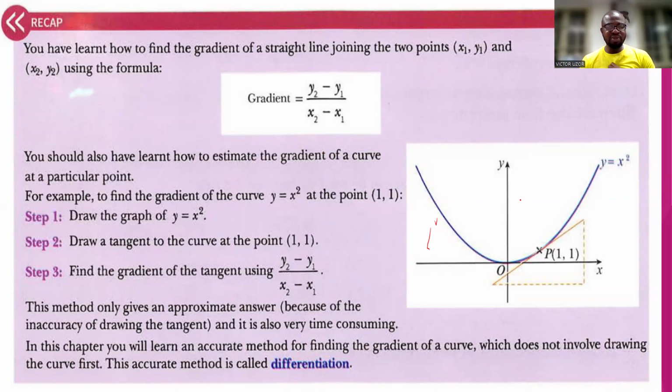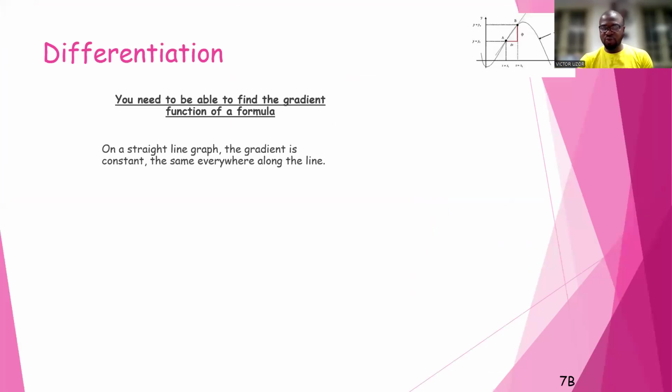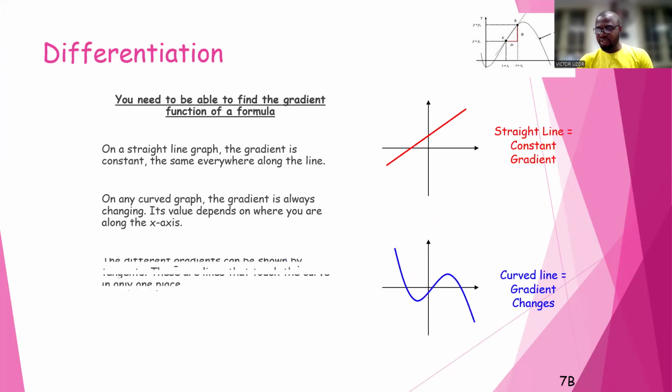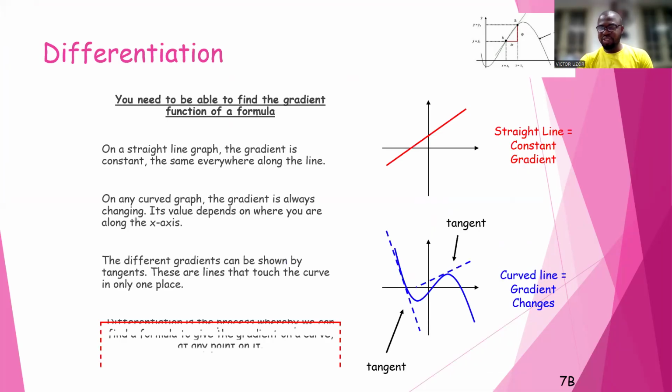Now, the curve keeps changing. It's not straight like a straight line. So you can only find the gradient at a particular point, using change in y over change in x of that particular point.